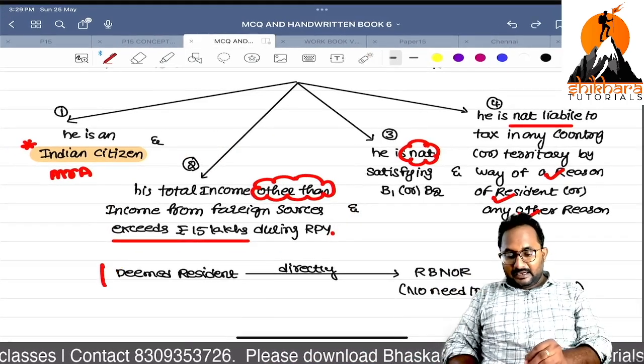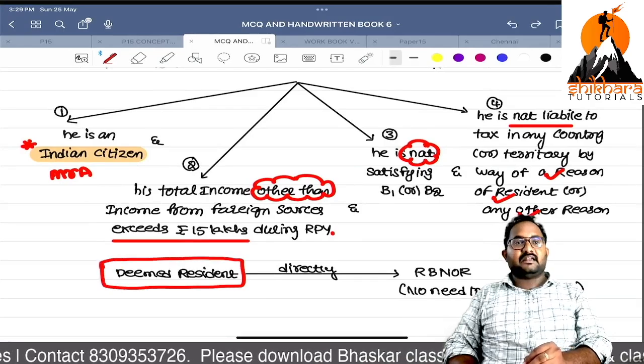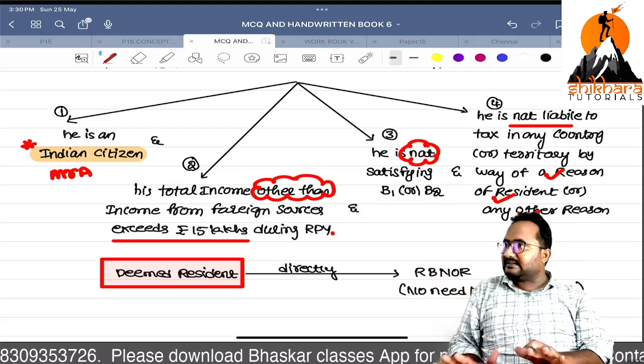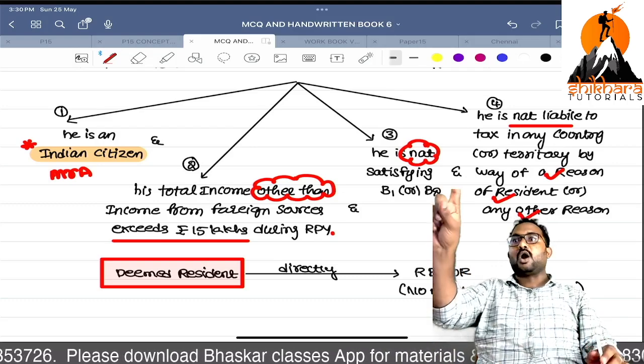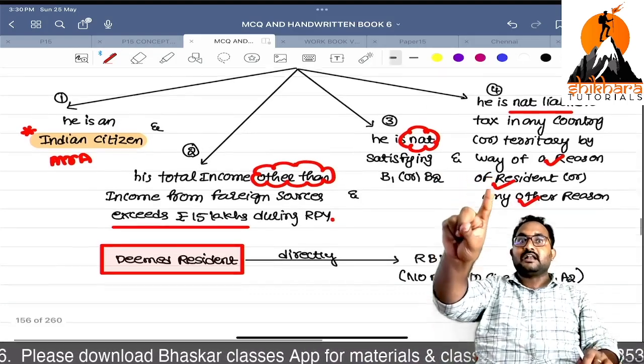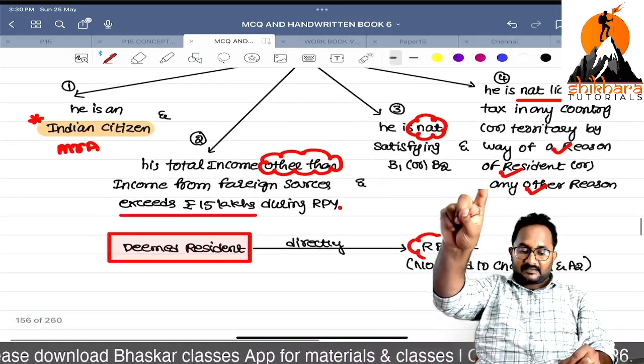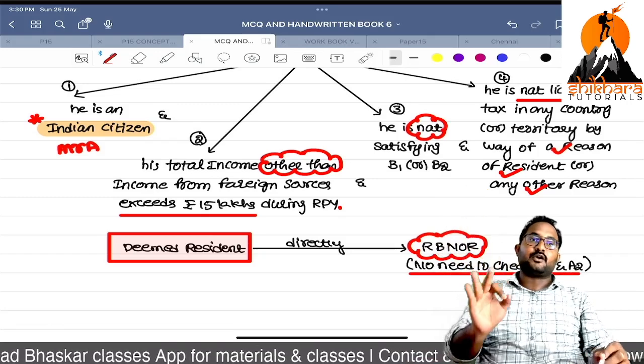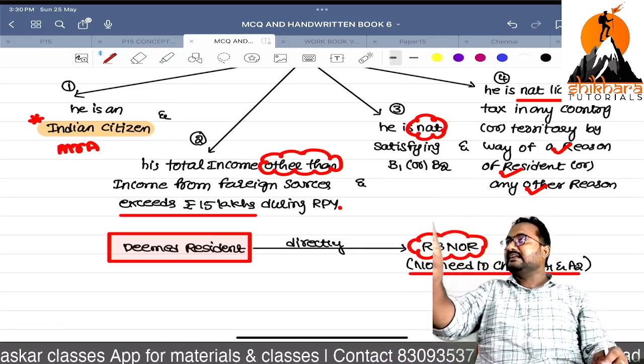Sir, if he is a deemed resident, then what is the ordinary status? Sir, he is not at all a resident, but you are treating him as a resident. If you treat him as an ordinary resident, that is horrible. So that's why we can directly treat that person as a resident but not ordinary resident, without checking additional condition 1 and additional condition 2.